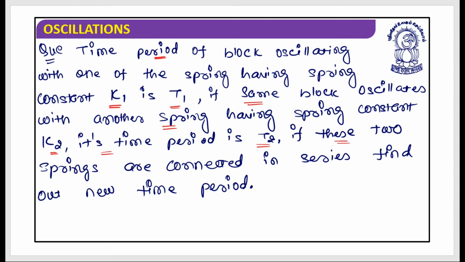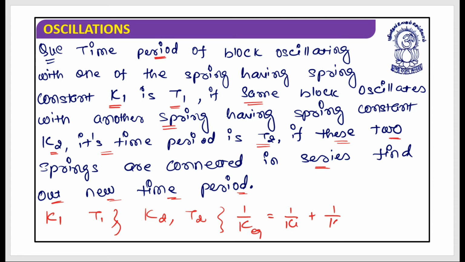So if these two springs are connected in series, we need to find the new time period. How will we do this? With the k1 spring, the time period is T1. With the k2 spring, the time period is T2. And when they are connected in series, 1 by k equivalent is equal to 1 by k1 plus 1 by k2. This would be the situation. So let's deal with this.